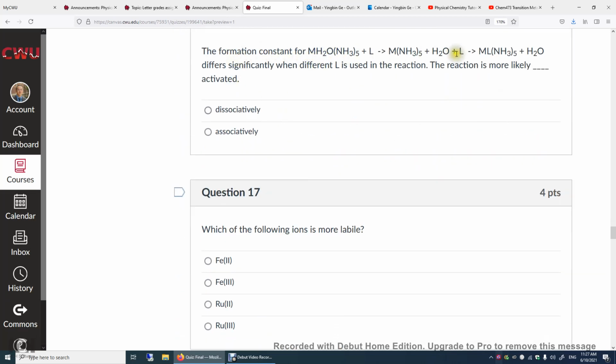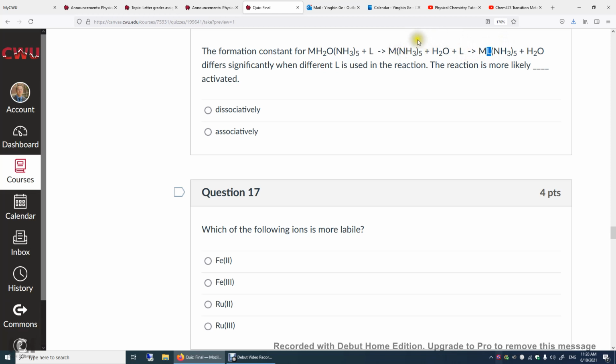The formation constant of this reaction mechanism differs significantly when different L is used in the reaction. So over here, in the first step, it does not really involve L. In the second step, L enters the complex. And when different L is used, you have different formation constants. That means this step is really important.